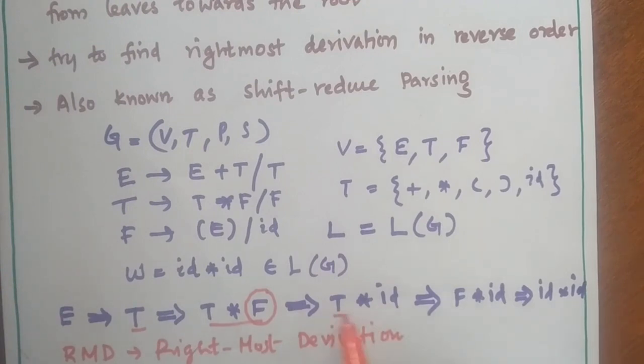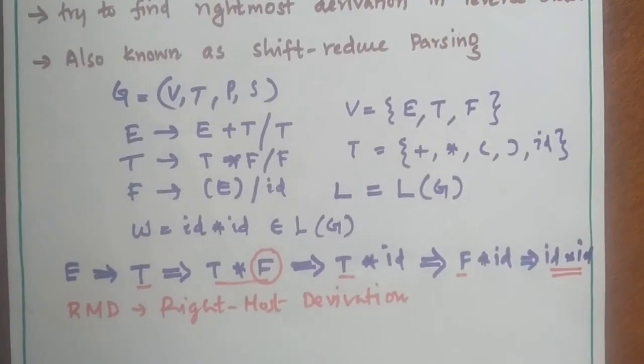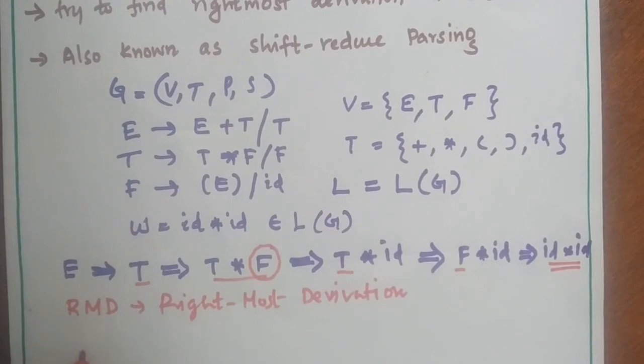Then the rightmost is T, T is expanded by F, F is expanded by ID. So we got the final string, where W is ID star ID. And W we use to represent a string consisting of only terminal symbols. That is why it is called a sentence.